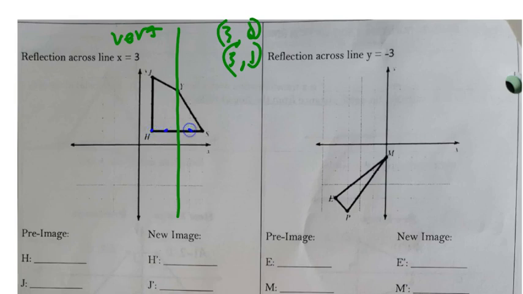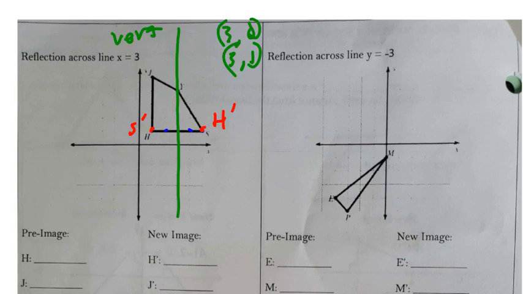So it's going to be 2 spots from that line here. Now, I'm telling you right now, this one's going to be a confusing one because a lot of stuff's going to overlay. Notice how H and S are both 2 away. They're basically switching spots. So this is going to be my H prime, and this is going to be my S prime.